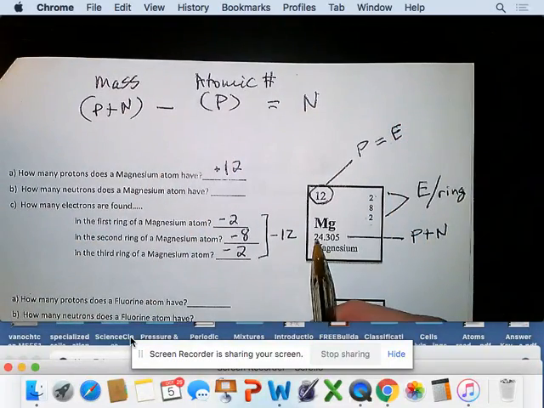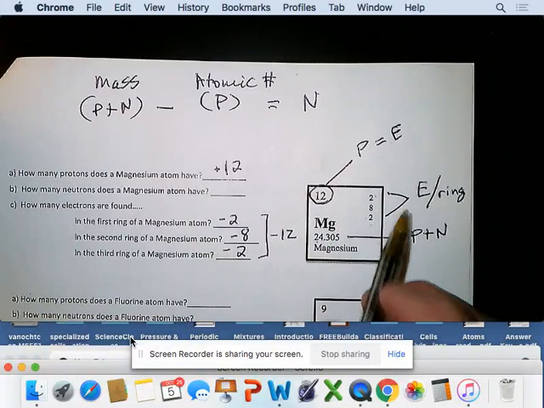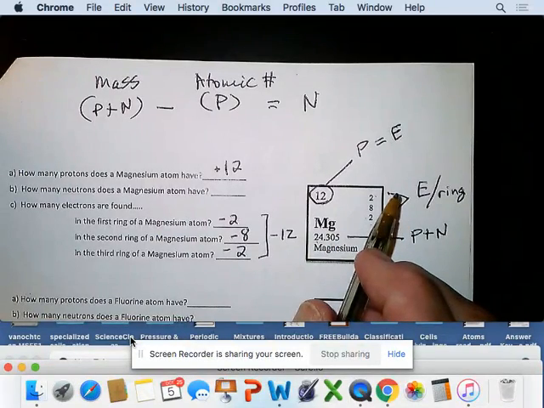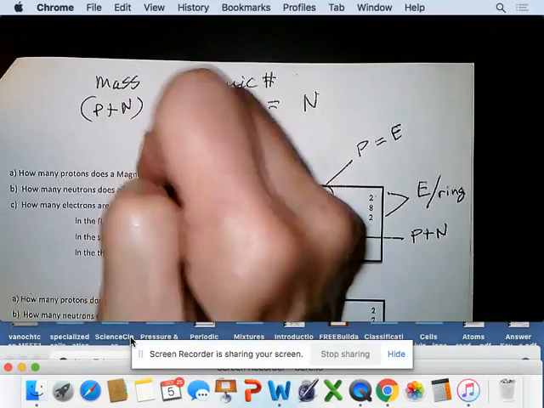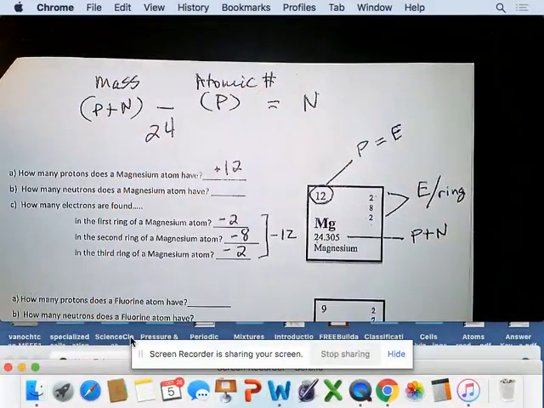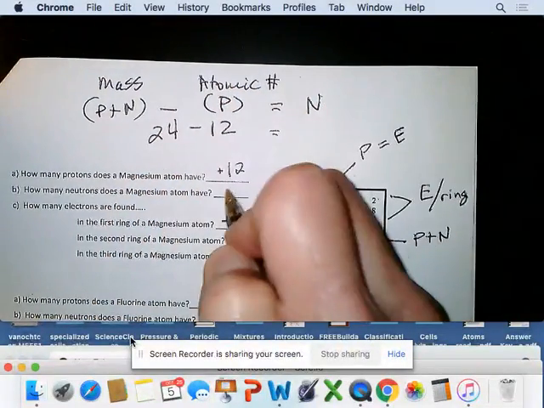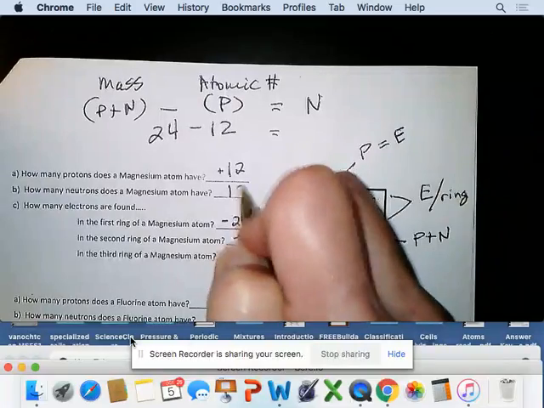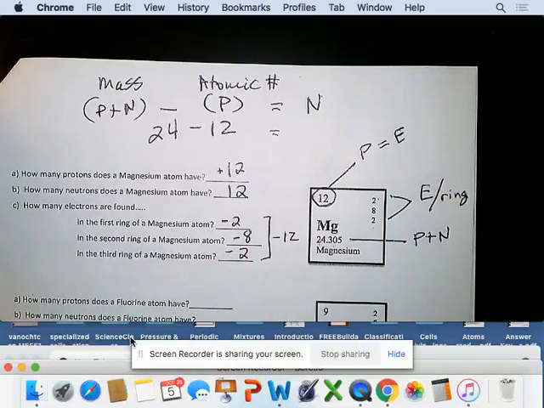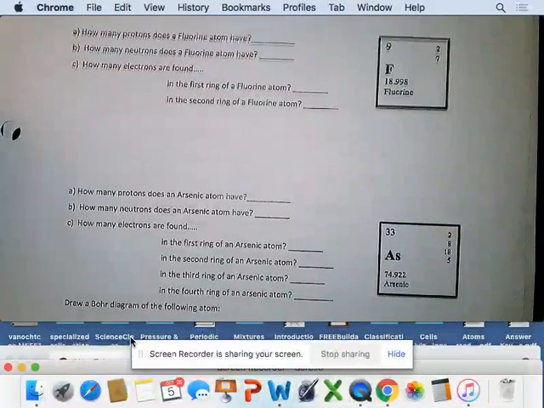So we're going to round 24.3. Grayson, is that closer to 24 or 25? 24. So we're going to take 24, we're going to subtract 12, and that's going to give us 12 in terms of the number of neutrons. Okay, what I want you guys to do is right now try to fill out the rest of this sheet, and then we're going to go over it together.